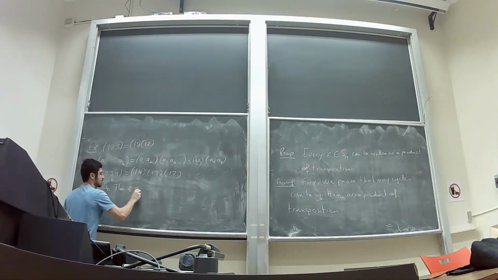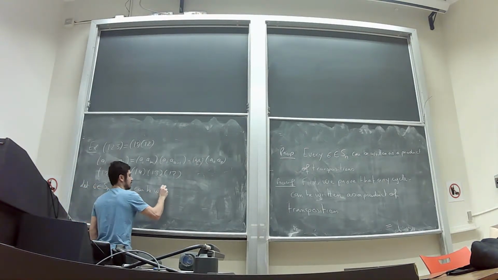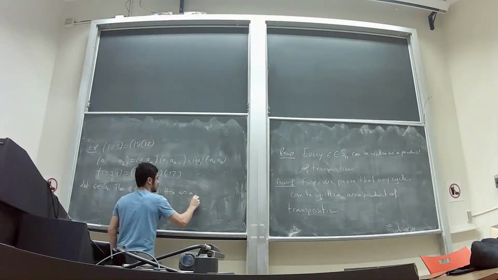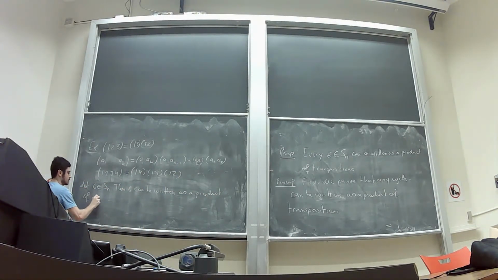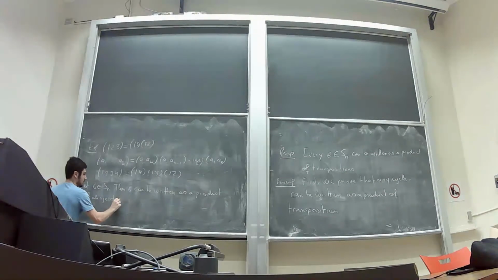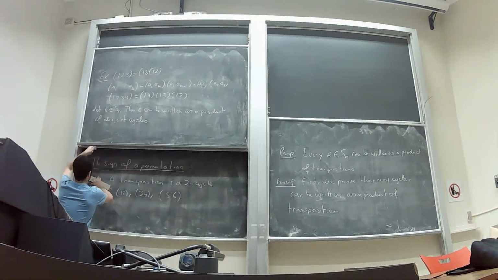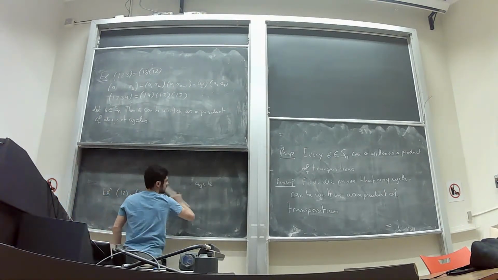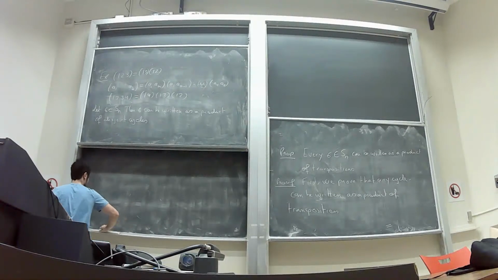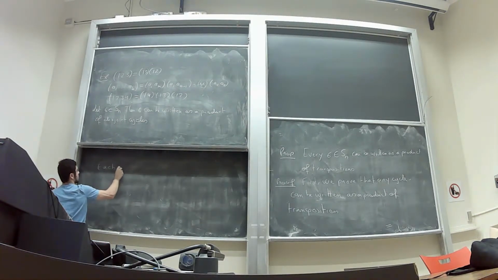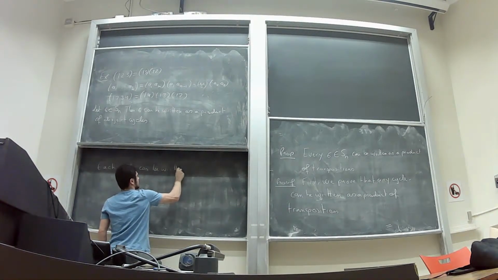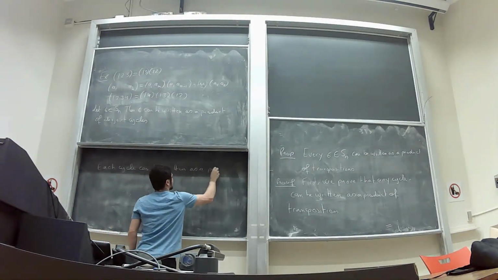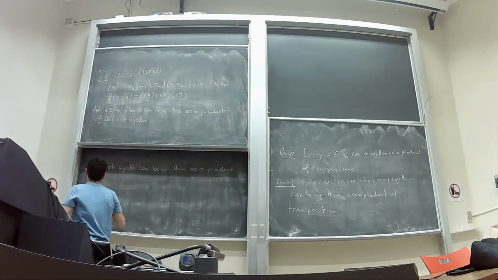Then sigma can be written as a product of disjoint cycles, and each cycle is a product of transpositions.